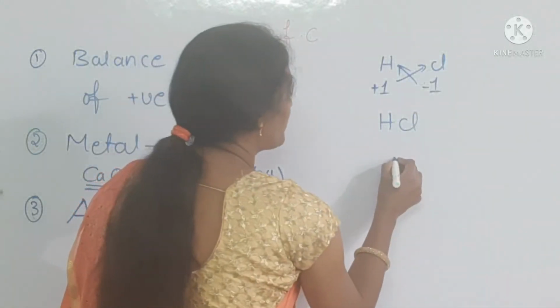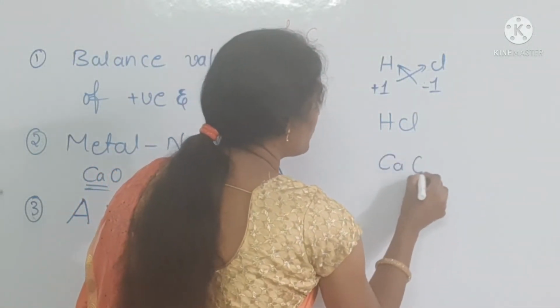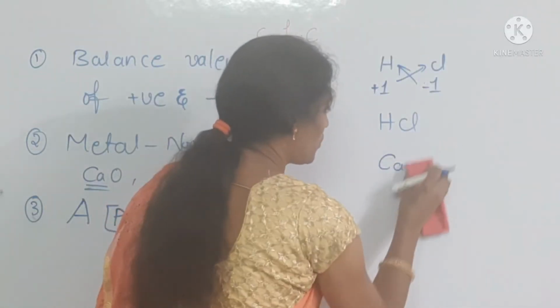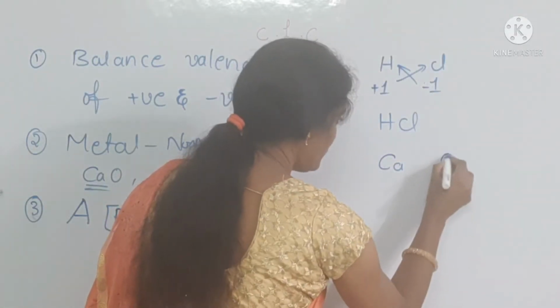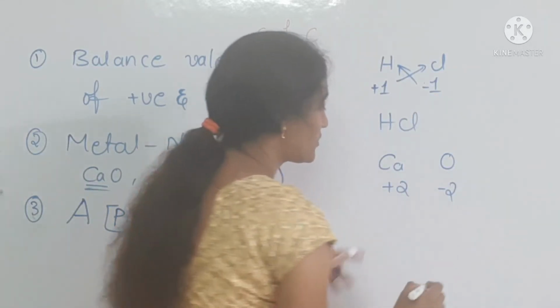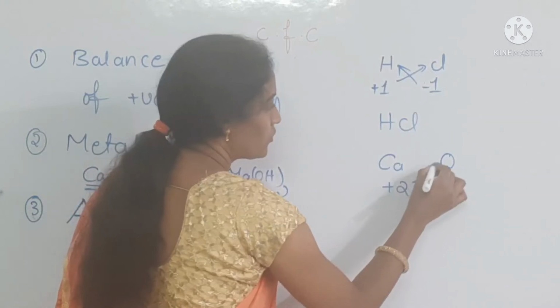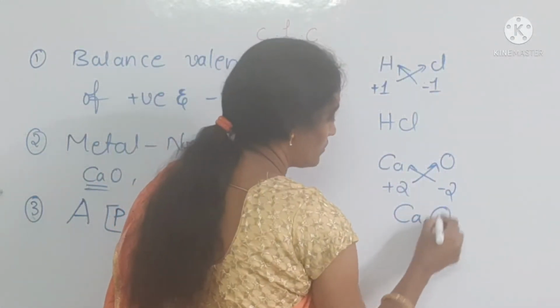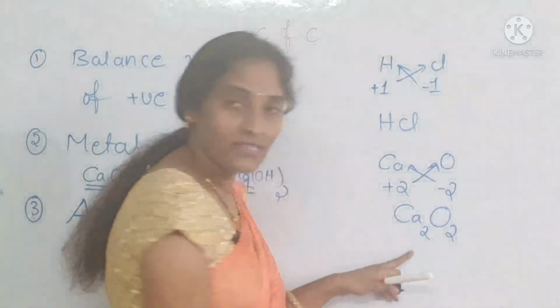Coming to the next example, CaO. Calcium shows +2 oxidation state. Oxygen shows -2 oxidation state, students. Here see, to balance their valencies, you can write Ca2O2. No need to write Ca2O2.